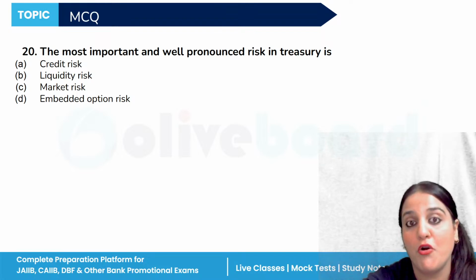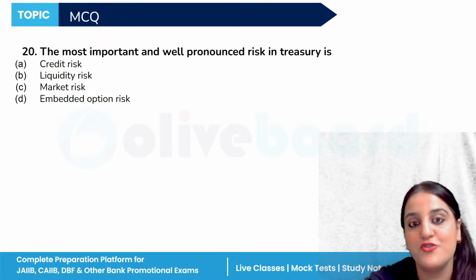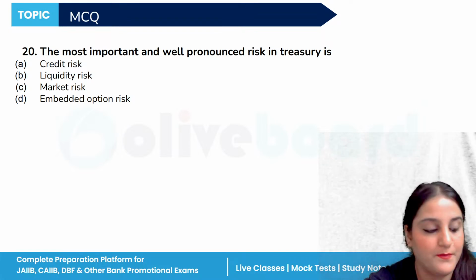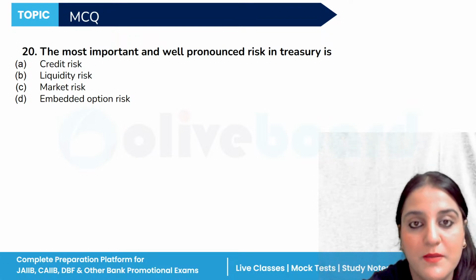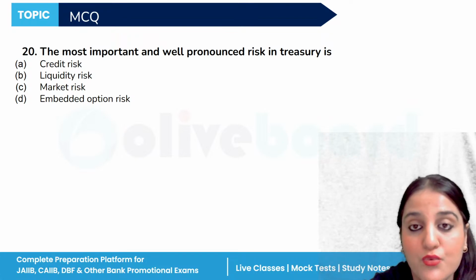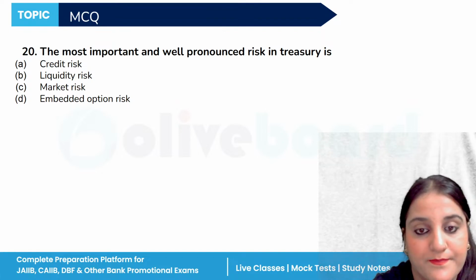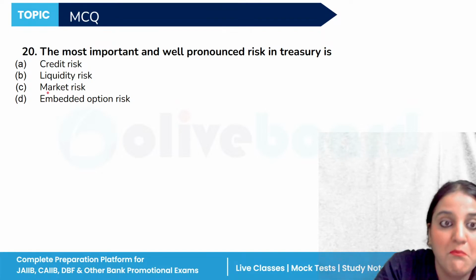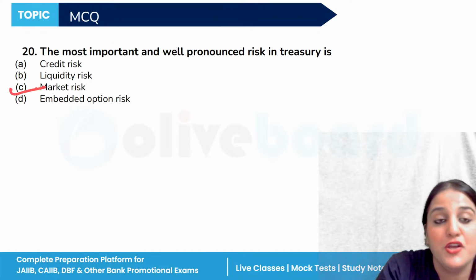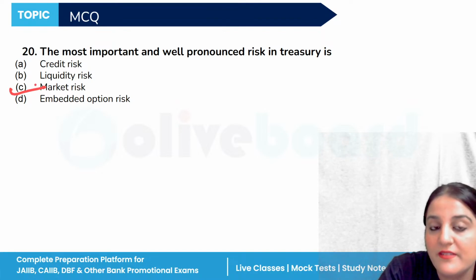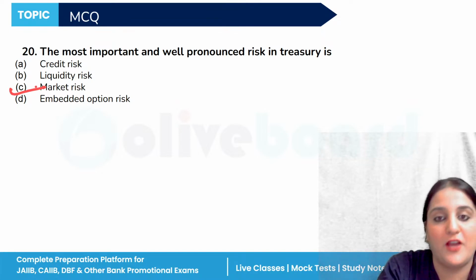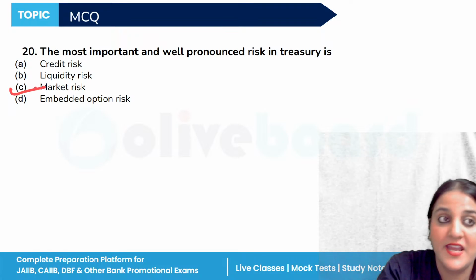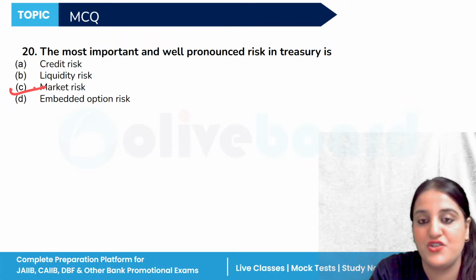Now the most important and well pronounced risk in treasury is market risk. Why? Because market risk is the risk of losses in the financial instrument due to the fluctuation of market prices, interest rate and the exchange rate.